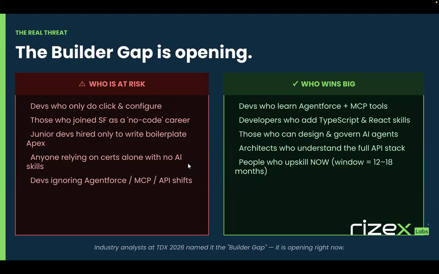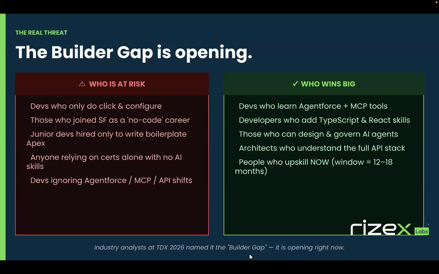If we talk about the real change, it starts in the Salesforce industry, which is entering something called the builder gap. Builder gap is a term given by Salesforce.